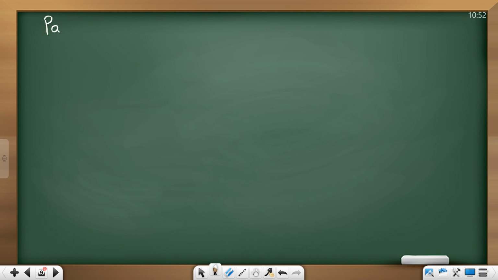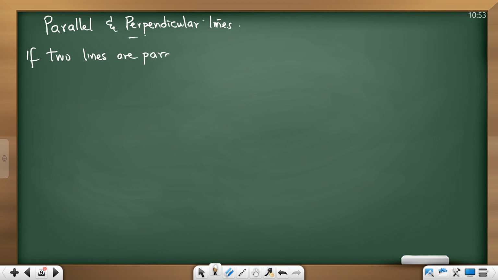All right. Parallel and perpendicular lines. If two lines are parallel, then their gradients are equal.